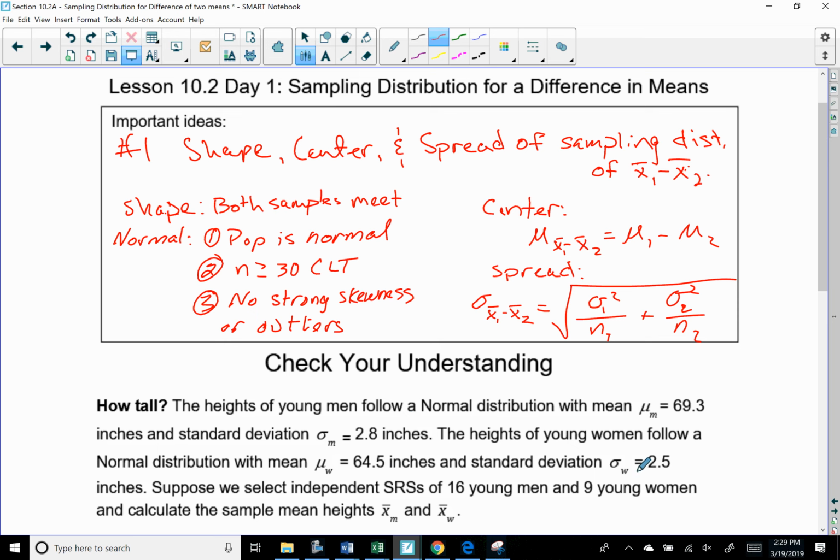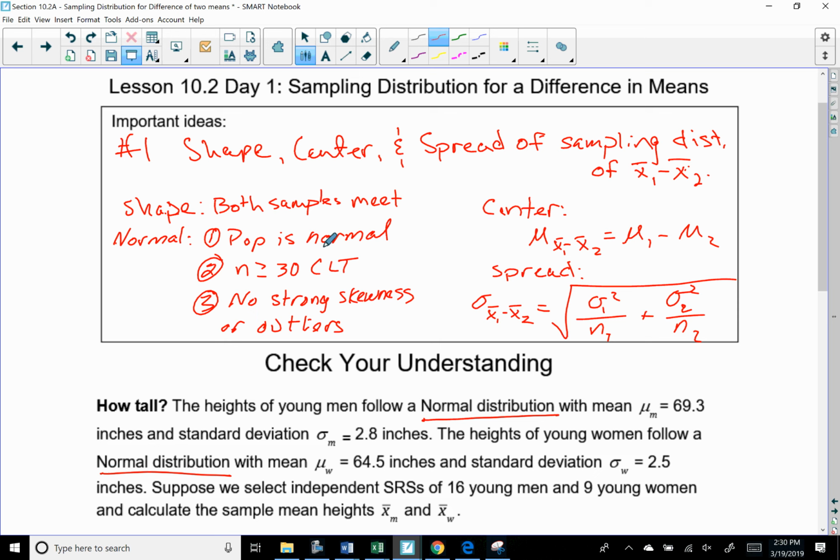Suppose we select independent simple random samples of 16 young men and 9 young women and calculate the sample mean heights x bar m and x bar w. Okay? So a couple of important things here. We know that the population is normally distributed for both of these, right? So that helps us meet the requirement of normality coming from the population being normal.